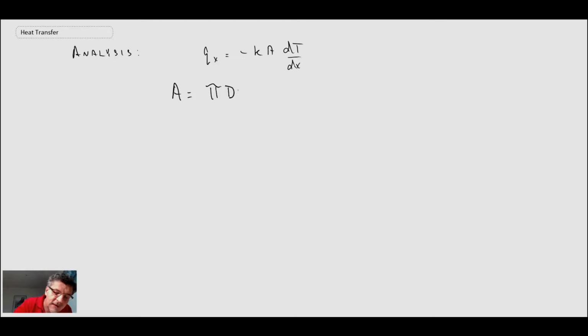So the cross-sectional area at any point is pi d squared divided by 4, subbing in the value for the diameter. We can take this area and sub it into Fourier's law and then rewrite and rearrange.